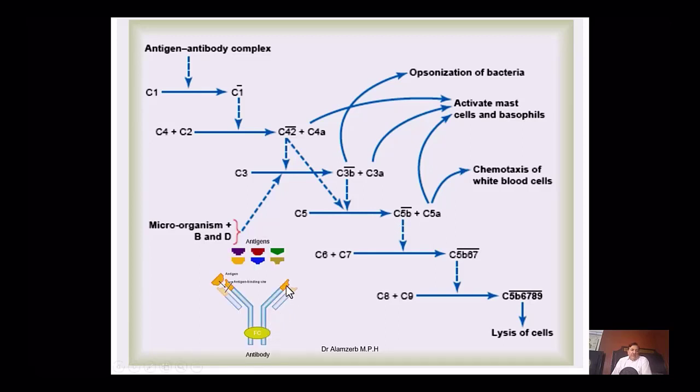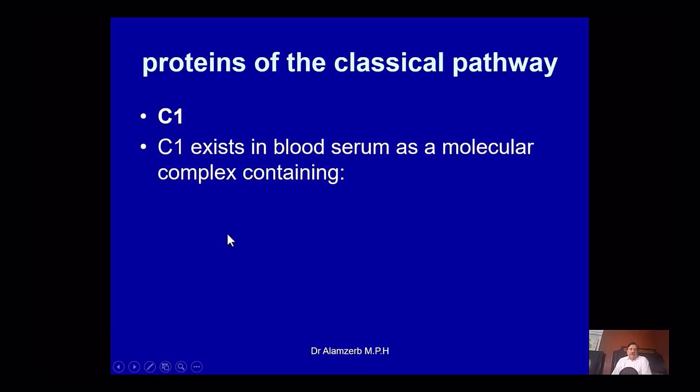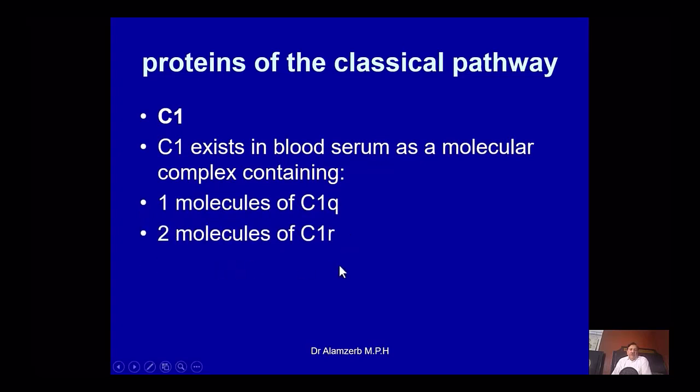This is the antibody and this is the Fc portion of the antibody, and this C1 is actually attached to this portion. C1 exists in blood serum as a molecular complex containing one molecule of C1q, two molecules of C1r and two molecules of C1s. So the C1 protein is divided again into three portions.